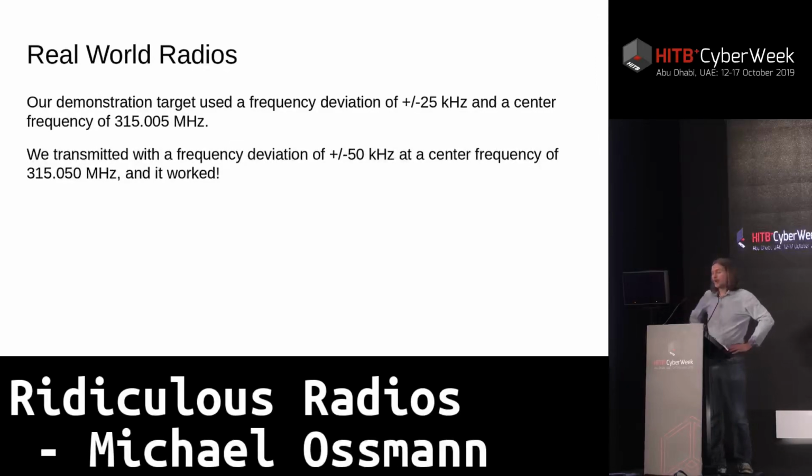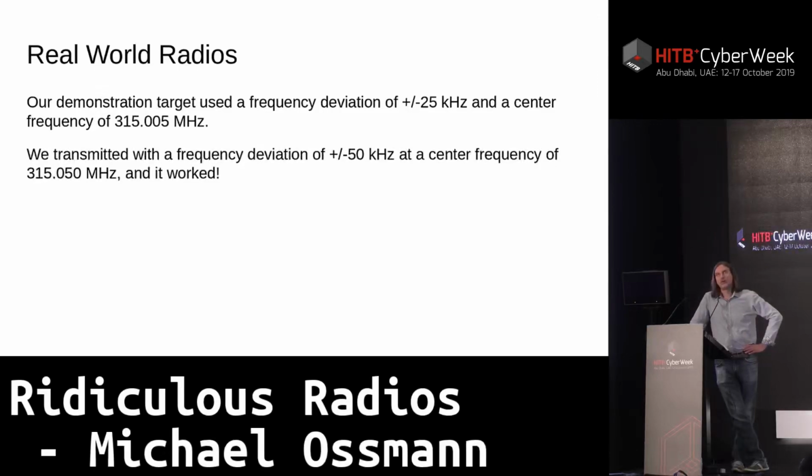And in our case, we ended up choosing a frequency deviation that was twice the deviation of the original transmitter. And we used a center frequency that was quite a bit higher than the 315.005. And the reason we ended up doing that is because we had trouble configuring our PLL as precisely as we would have liked to.